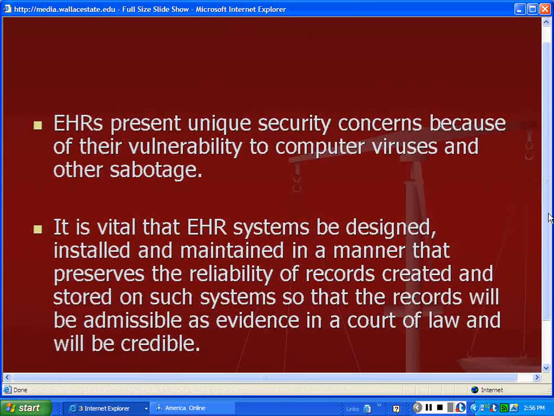And so we have to make sure that the EHR records are maintained in a way that they can't be changed, that they're credible, that we know that what it was originally, it still is. And so that it is a legal document, and so we have to be aware of that in the design phase. And when it's installed, we have to take that into consideration and not have it as an after the fact thought.